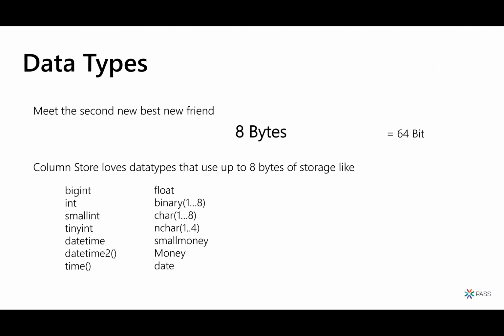So why limit everything to 8 bytes? If you do limit everything to 8 bytes, you can use the next awesome feature that column store can use. So we went from a full table scan, we eliminated a lot of partitions, and now we have more where clauses in the whole thing.